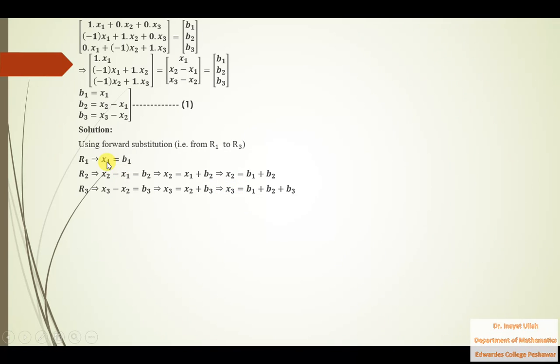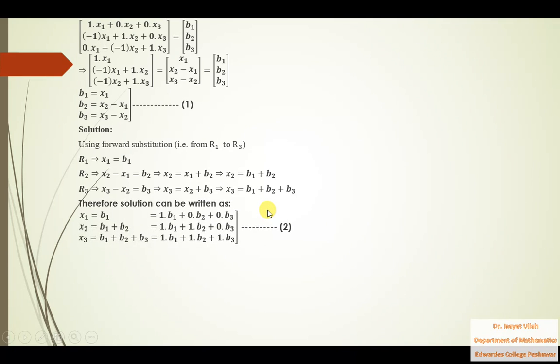So the solution of Ax equals b in this question is x1 equals b1, x2 equals b1 plus b2, and x3 equals b1 plus b2 plus b3.